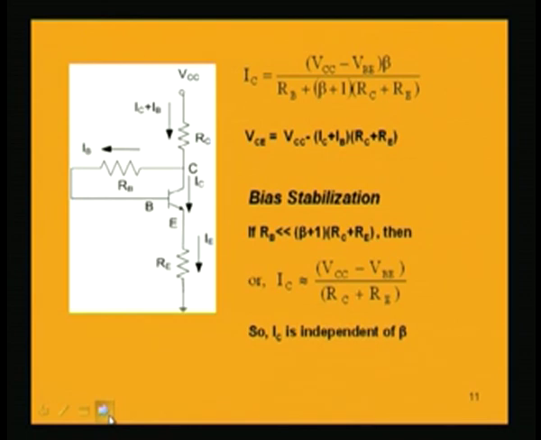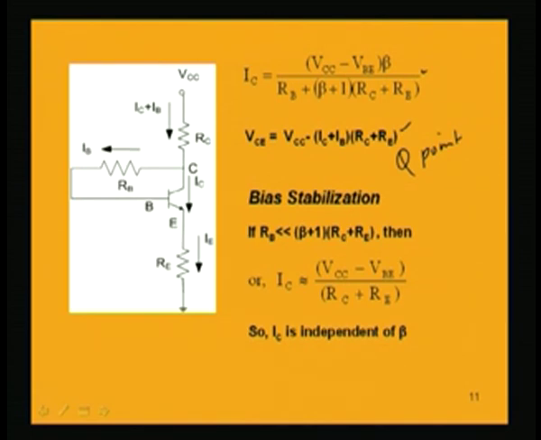Now if we know IB, we can find IC by multiplying with beta, and correspondingly we can find VCE, which is equal to VCC minus this drop minus this drop, that means VCC minus (IC plus IB) into RC minus (IB plus IC) into RE. Taking the combined IC plus IB common, we can write this expression. So, this is the VCE expression, this is IC.